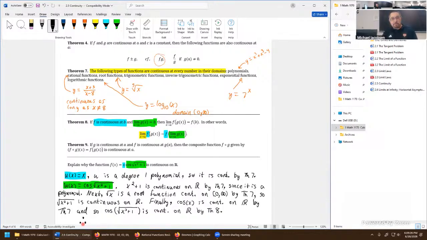We'll use a little fancy triangle symbol to stand for a shorthand of therefore by the writing above, f of x, which is equal to u of x times w of x, or we could write out in full if we wanted to, but we analyze components in this way, so we're just renaming them, is continuous on R by theorem 4. So that's the one time theorem 4 comes into play on this one.